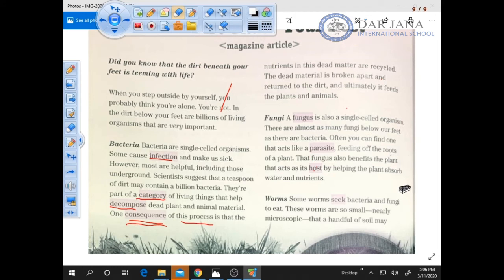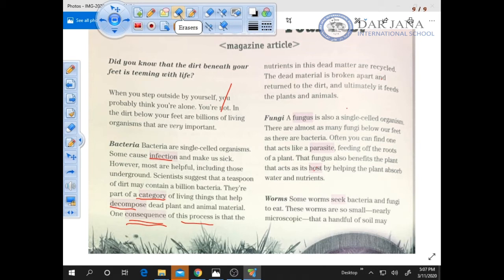Worms. Some worms seek bacteria and fungi to eat. Seek. So, as we can see from the previous sections of this article, certain organisms or bacteria aim at searching for nutrients which can be taken from other animals, other plants.